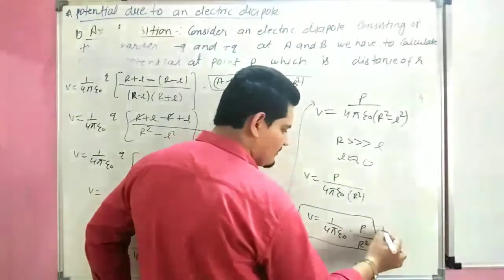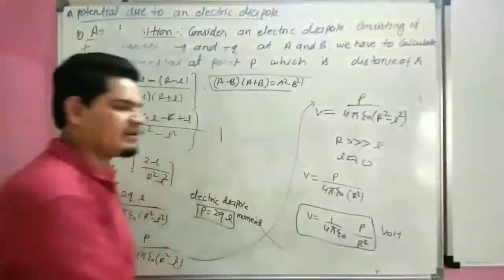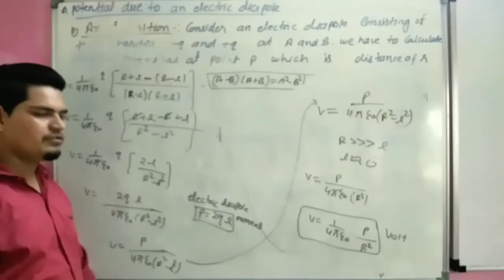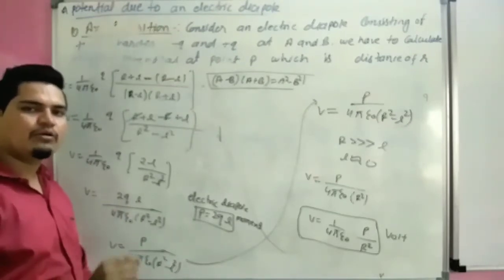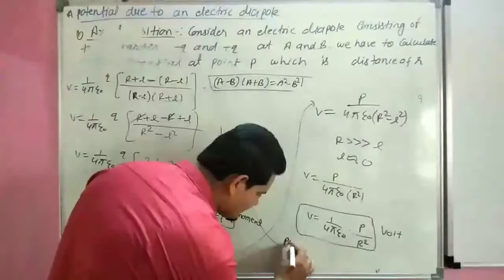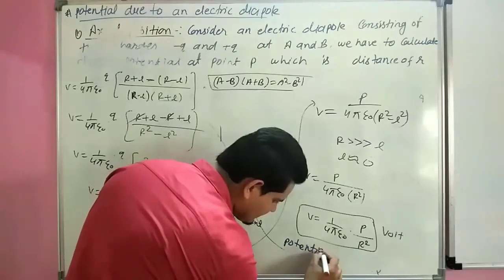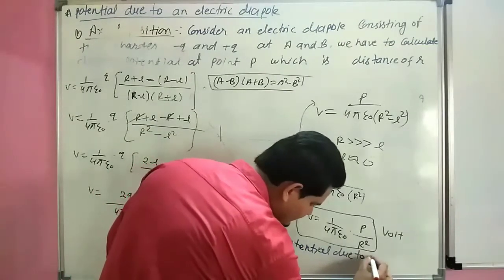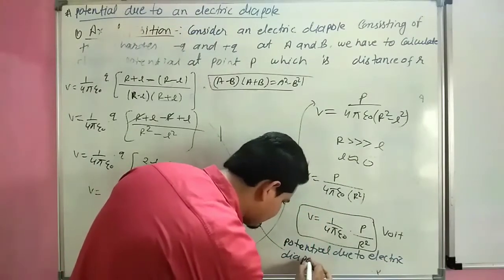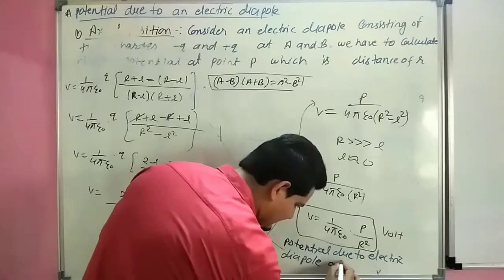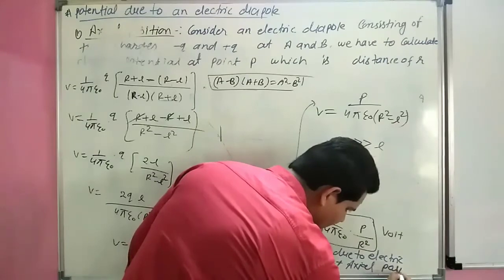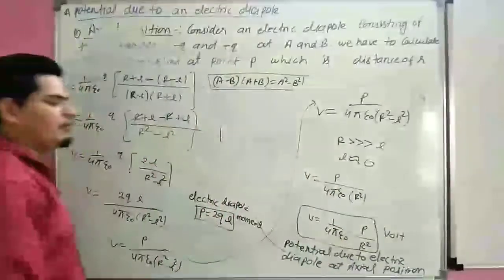This is the formula of electric potential due to an electric dipole at axial position. Now we will start for coaxial position.